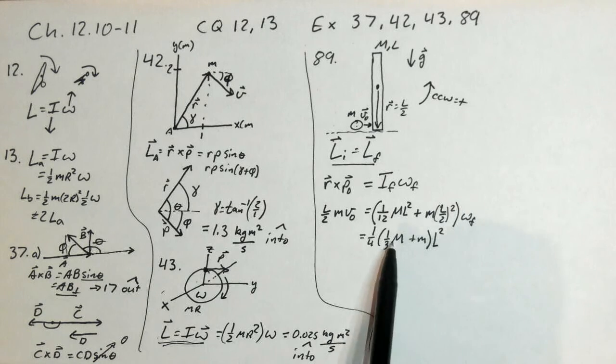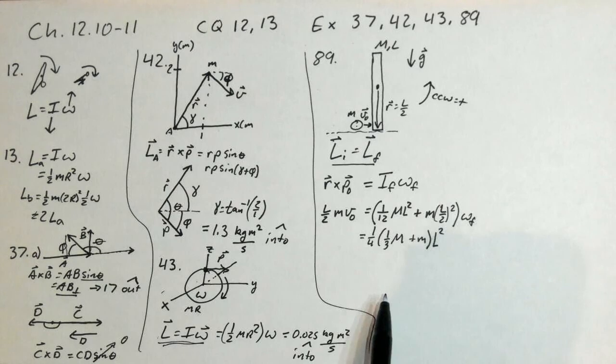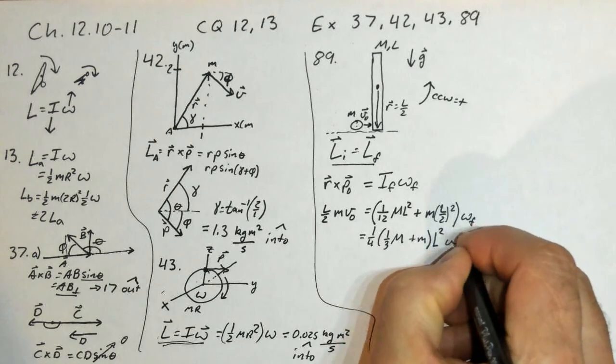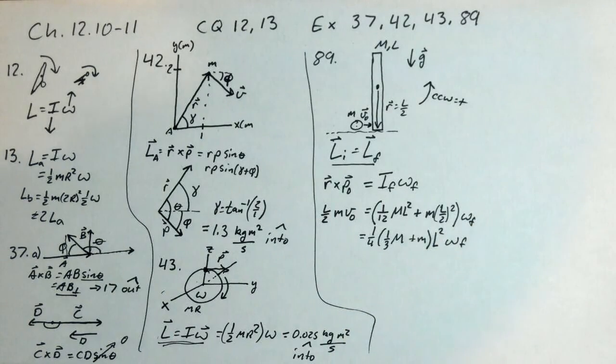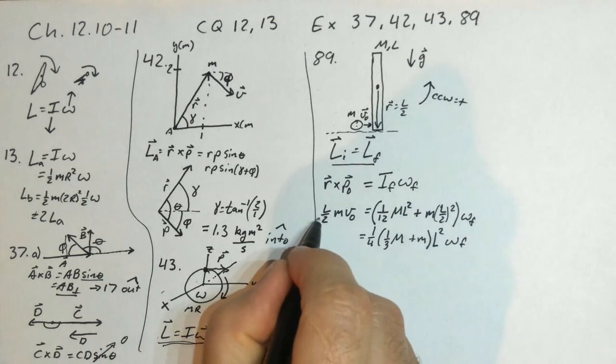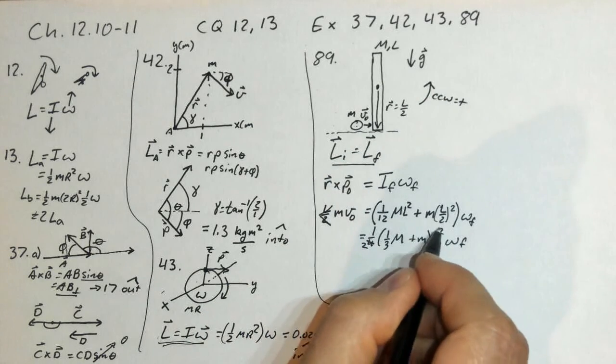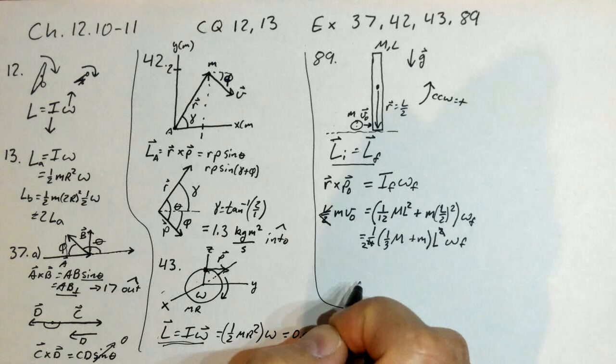So I simplified this to get a fraction, a sum of masses, and the length squared, and that's all times omega_f. Doing it that way allows a little bit of simplification: the 2 cancels with that 4, leaving a 2 behind, and this L cancels with one of those L's. That's about all I can do.